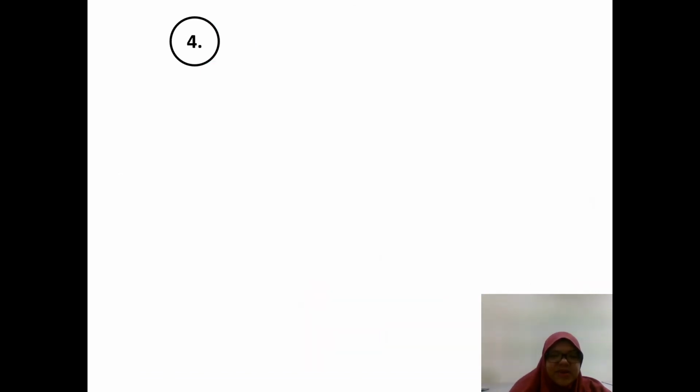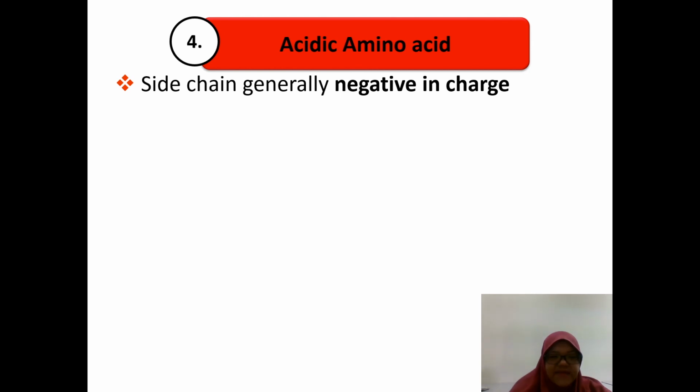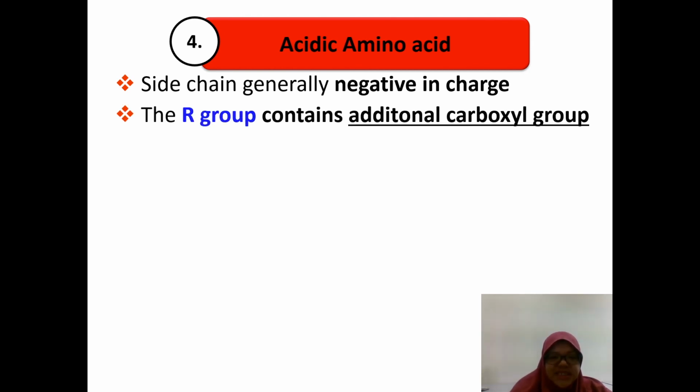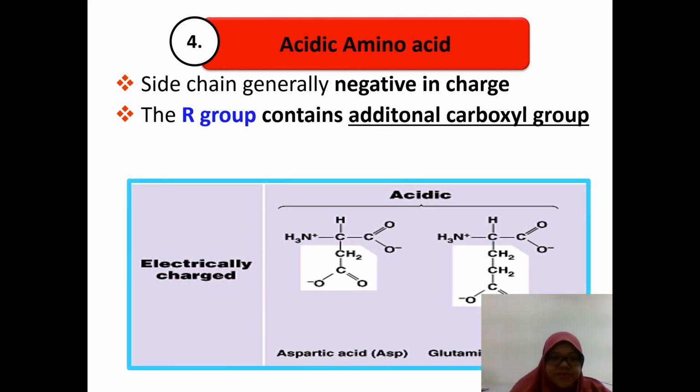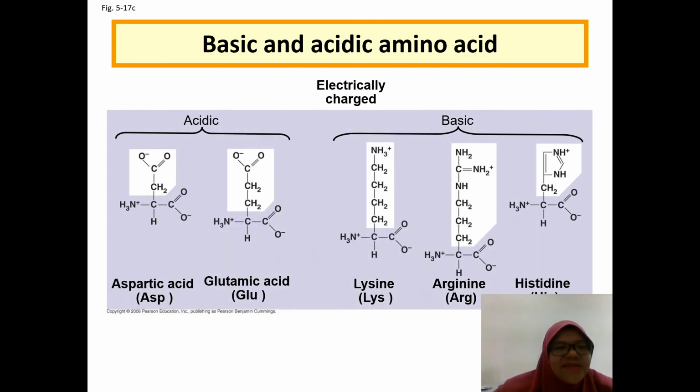And the last is acidic amino acid, where the R side chain is negative in charge, as the R group contains an additional carboxyl group, with a negative charge. Class, this is the example for basic and acidic amino acid. And that's all for now. Thank you.